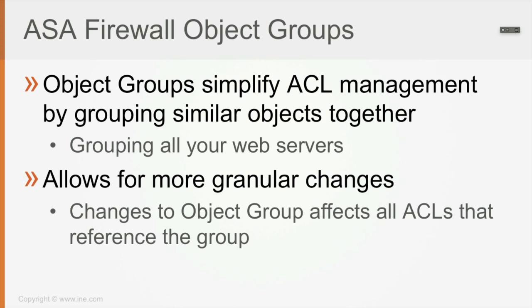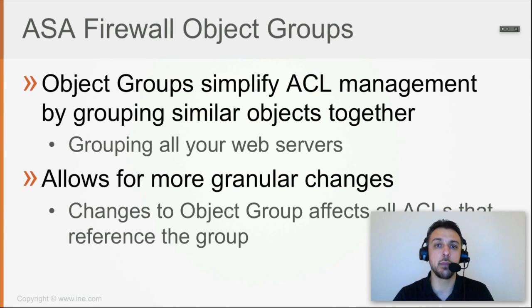Also, by using object groups, you're going to be able to do more granular changes, because you're going to define the ACLs by referencing object groups. So, for example, if one object group is referenced in multiple ACLs, then you just go in and change the object group, and then the ACLs are going to get automatically updated. Let's say you need the same firewall rule to allow traffic from A to B in multiple ACLs.